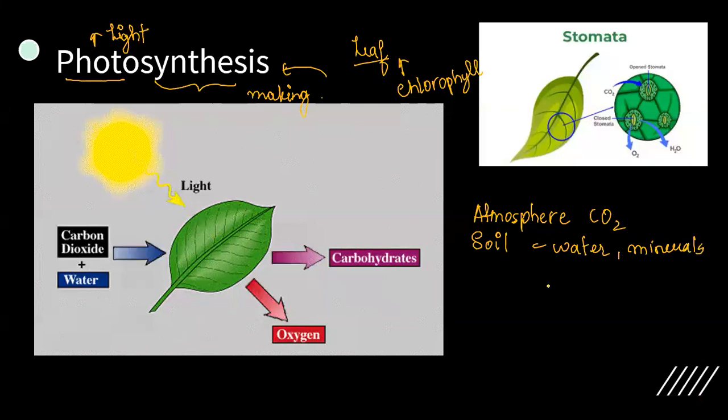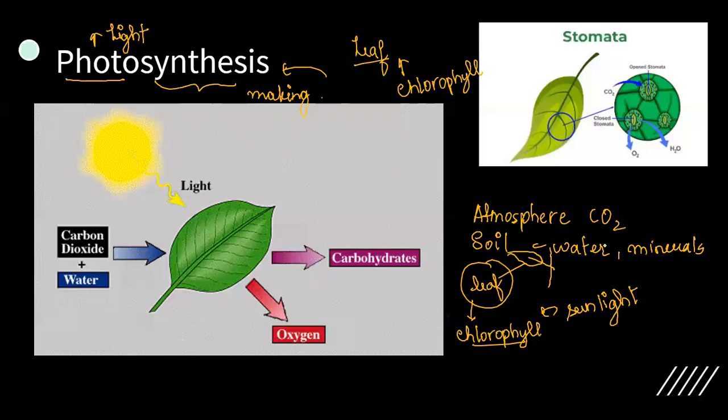Through the roots, the water moves to the other parts of the plant, to the stem, to the leaf. And the green parts of the plant contain a pigment called chlorophyll, which helps in the absorption of sunlight.